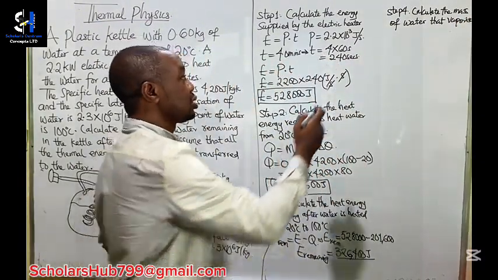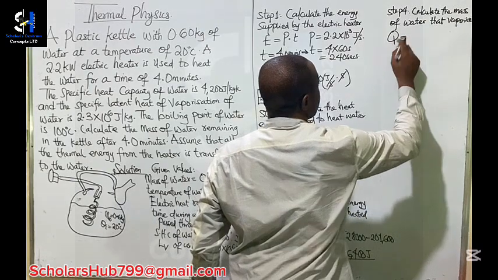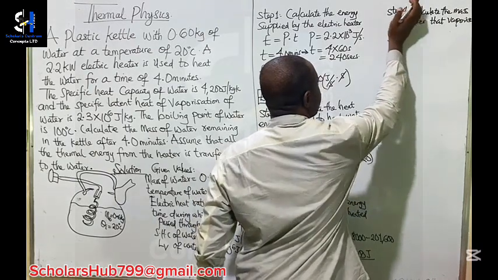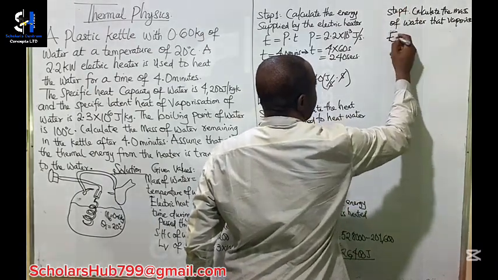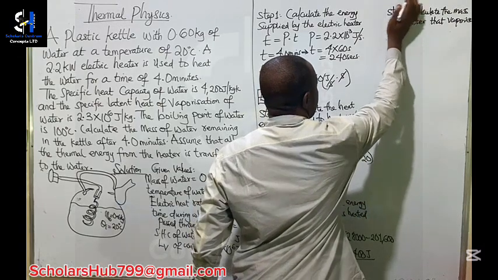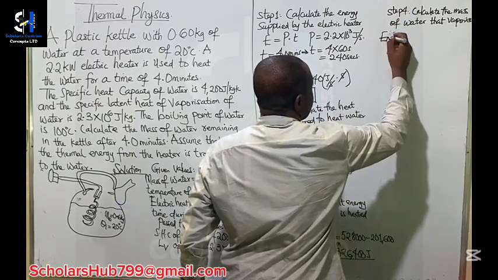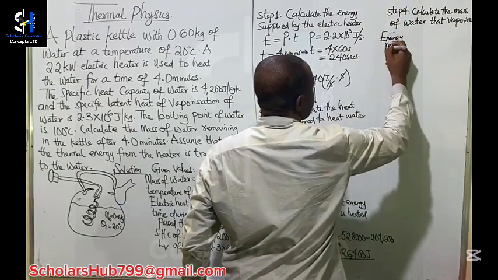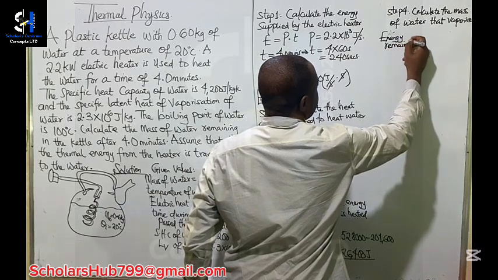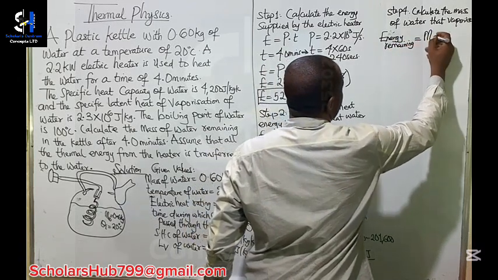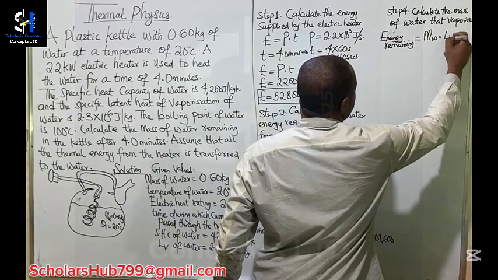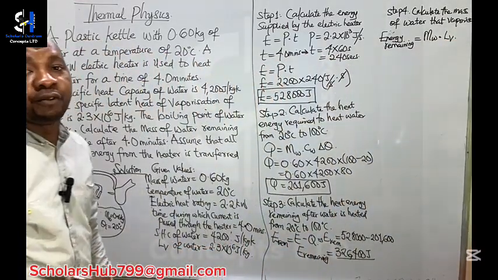So which means we're going to make use of Q, that is the energy remaining. Energy remaining equals mass of water multiplied by latent heat of vaporization.